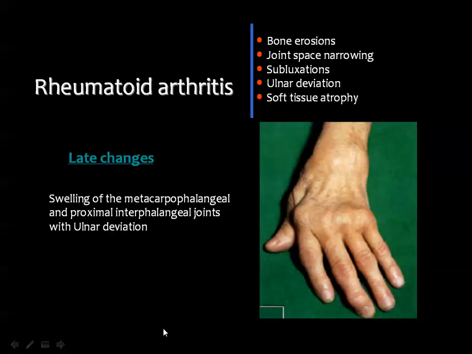Then later changes of rheumatoid arthritis will include the erosions with consequent joint space narrowing, and one of the manifestations of rheumatoid is the subluxation, including the ulnar deviation at the level of the metacarpophalangeal joints and soft tissue atrophy.